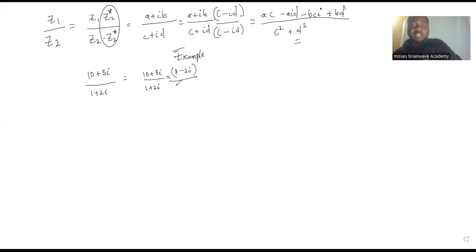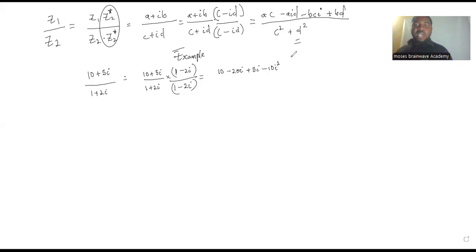How cool is that? So I'm going to have 10 multiplying 1 is 10. 10 multiplying minus 2i is minus 20i. 5 multiplying 1 is going to be plus 5i. Then 5 multiplying 2i, we're going to be getting minus 10 i squared.